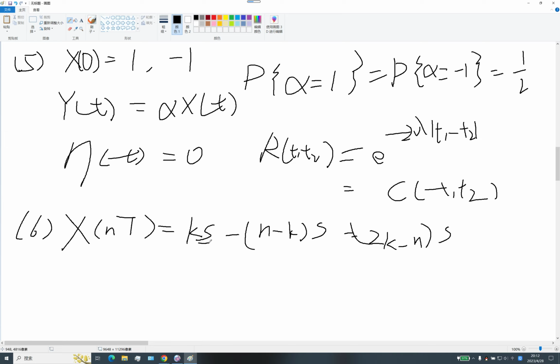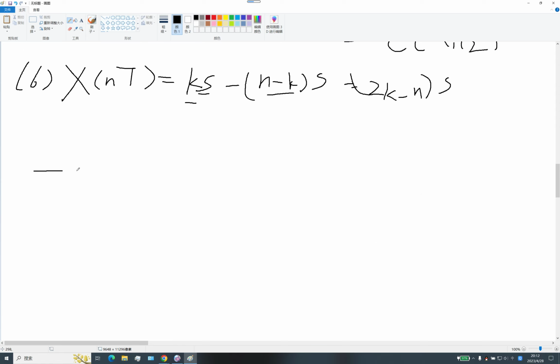S is the value we get if we get a head, and k is the number of heads, and n minus k is the number of tails. So if we get a head, we get plus s, and if we get a tail, it goes to minus s. So this is a random walk.